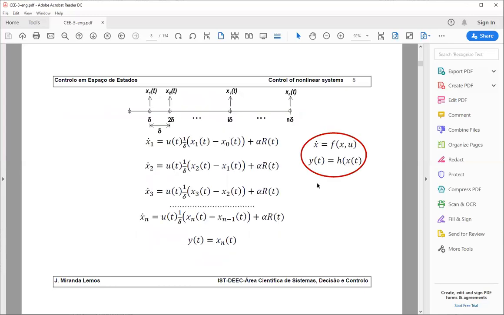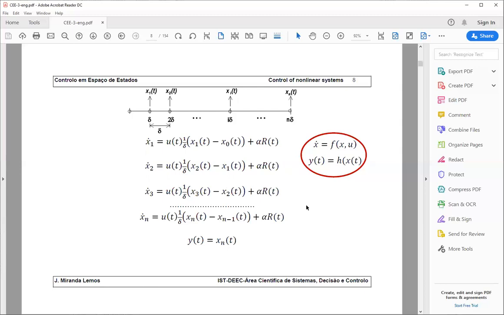So your state model is formed of these n ordinary differential equations for the temperatures at these specified positions of the pipe, plus one output equation, which is just y of t equals xn of t. And you can see that you have products between the manipulated variable u, which is the flow or proportional to the flow, and the temperatures. So these are nonlinear equations.